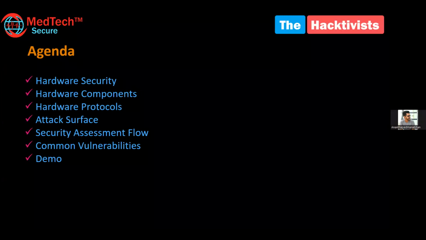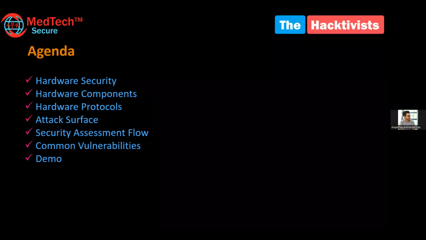We have split this session into different topics, mainly the hardware components. We'll be discussing some of the major hardware components, followed by some protocols used in hardware. We'll also look into the attack surface, where the attacks or security vulnerabilities can occur in an IoT or hardware system.